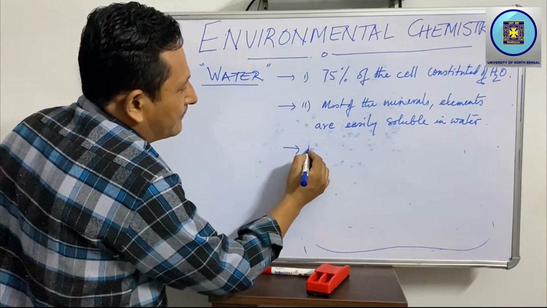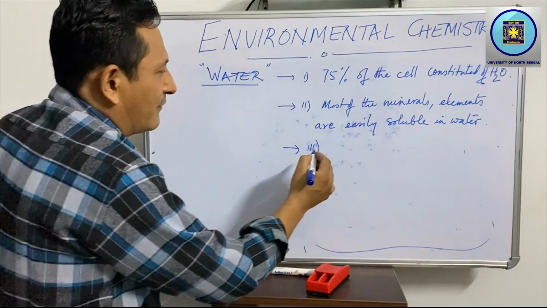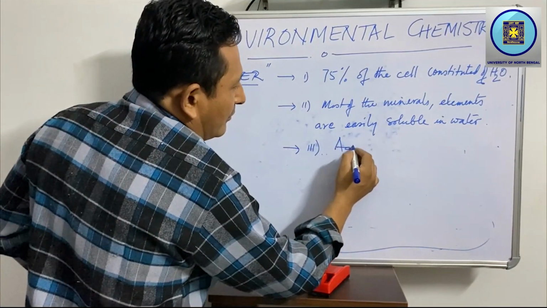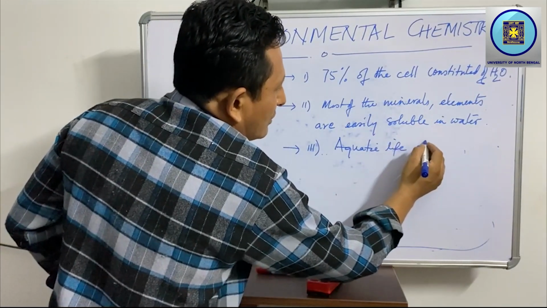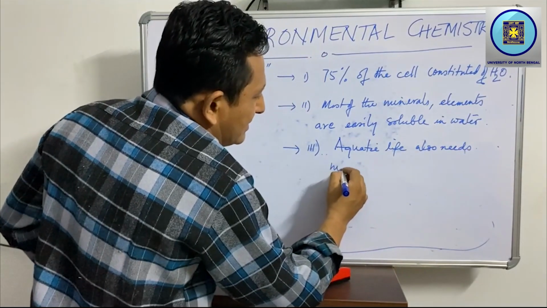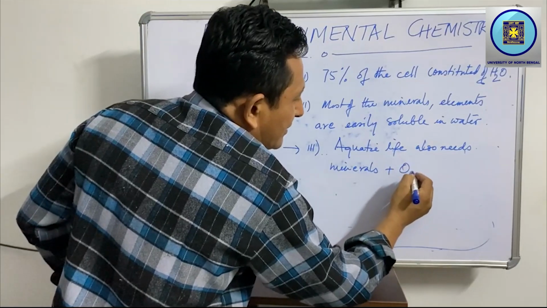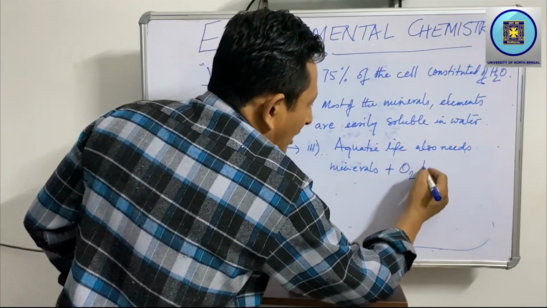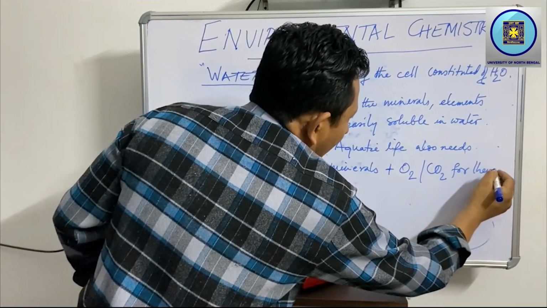The third, aquatic life also needs minerals, but in addition to that, they also need oxygen or carbon dioxide, whatever it is, for their survival.